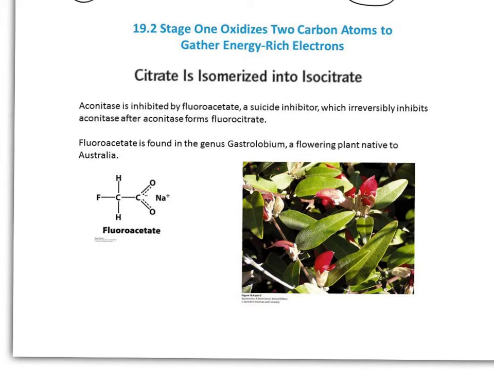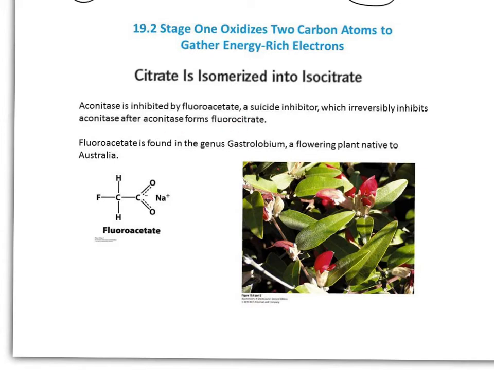So in this way it's called a suicide inhibitor, because actually aconitase can convert fluorocitrate through a series of steps. Fluoroacetate gets added and you get fluorocitrate. Anyway, the bottom line is aconitase converts this into the inhibitor that can kill it.